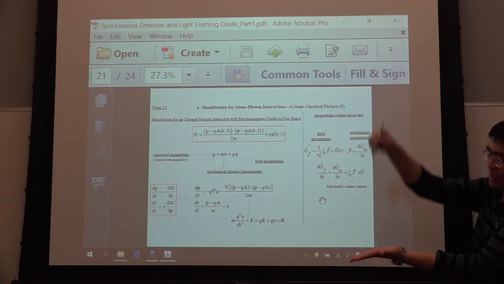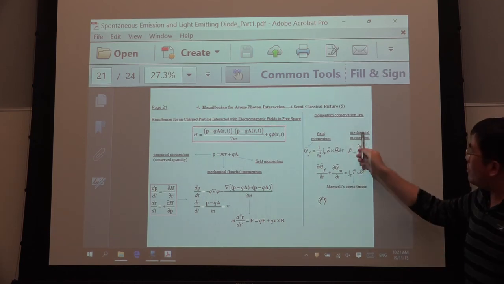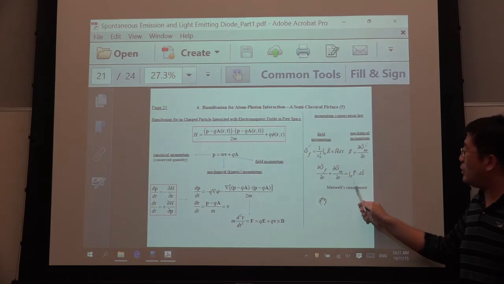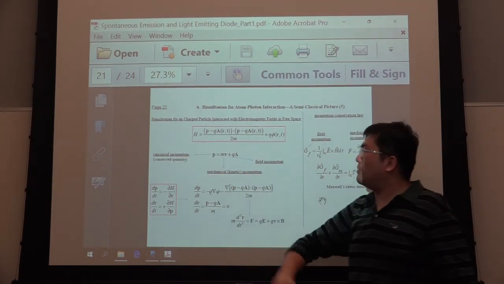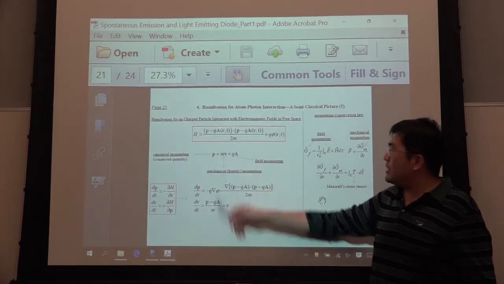When the particle reaches the surface and returns, it gives a force. Add the two momenta together and you get the total momentum, and the total momentum is conserved. This total momentum is similar to the canonical momentum. This is a conserved quantity.